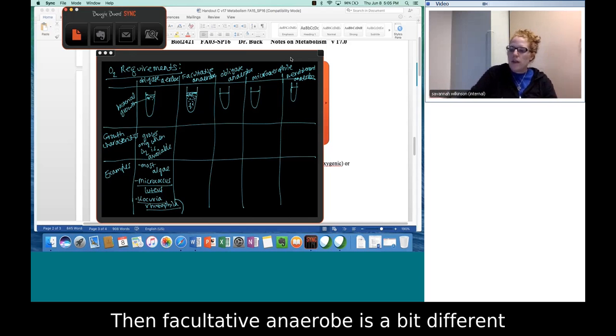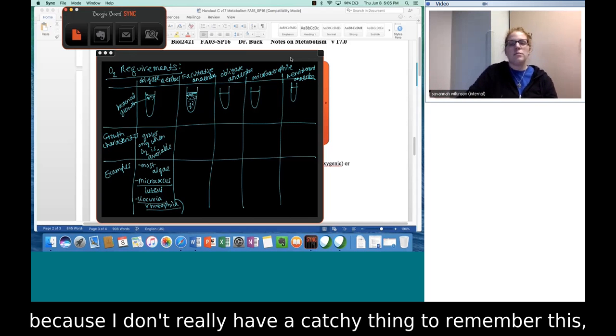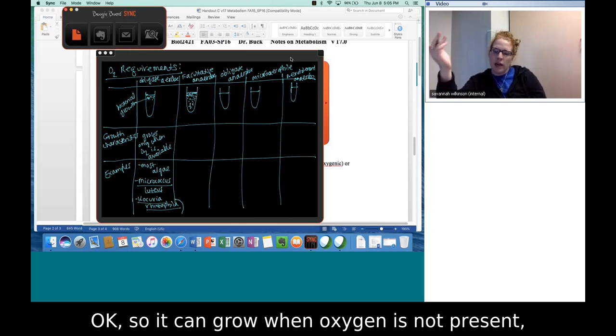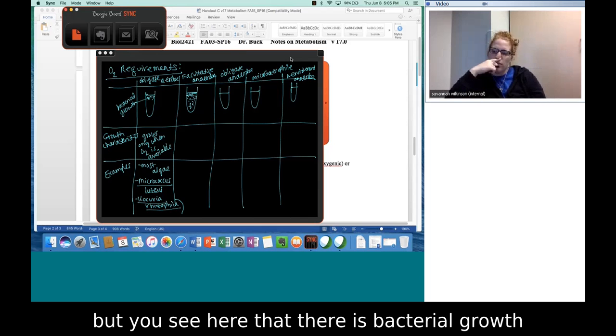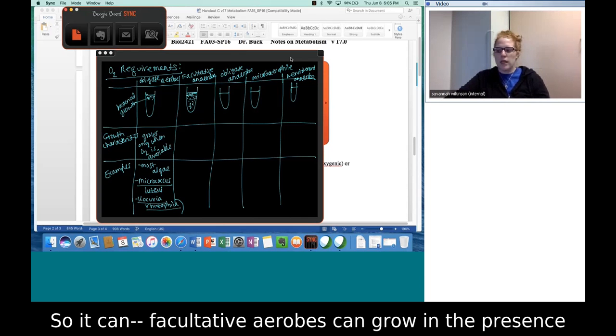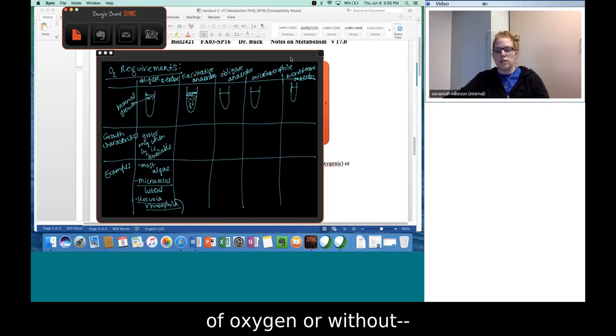Then facultative anaerobe is a bit different because I don't really have a catchy thing to remember this, but for anaerobe, you're thinking, okay, so it can grow when oxygen is not present, but you see here that there is bacterial growth throughout the whole tube, even near the surface. So facultative anaerobes can grow in the presence of oxygen or not.